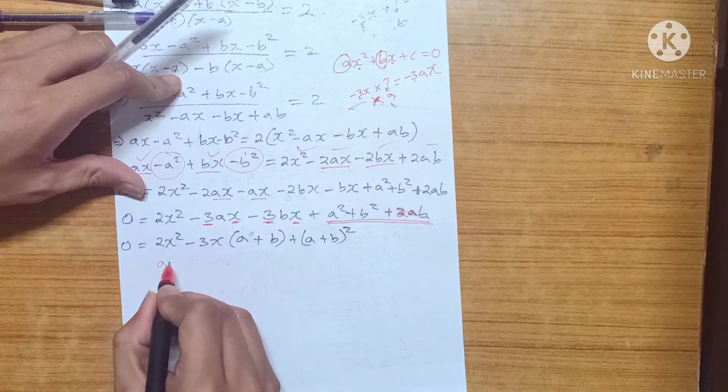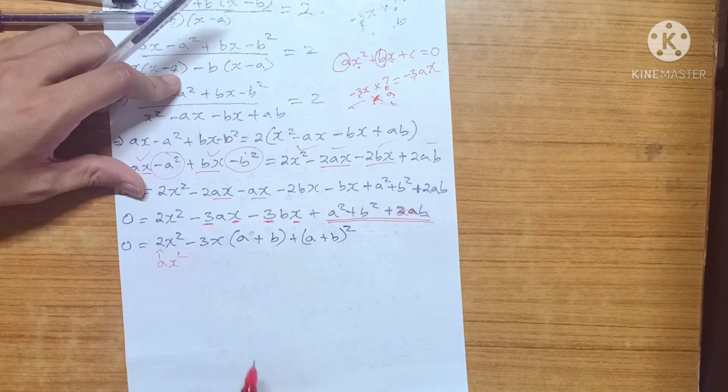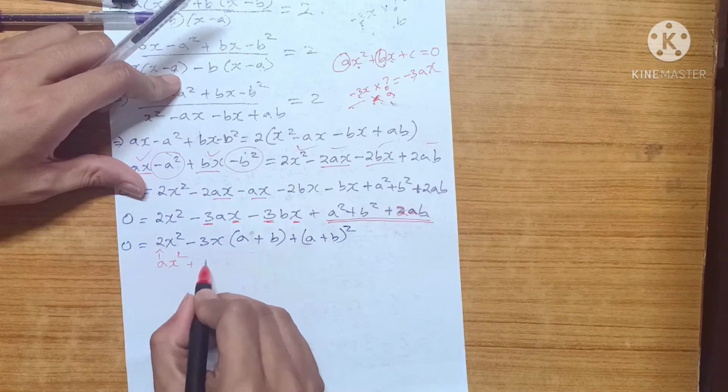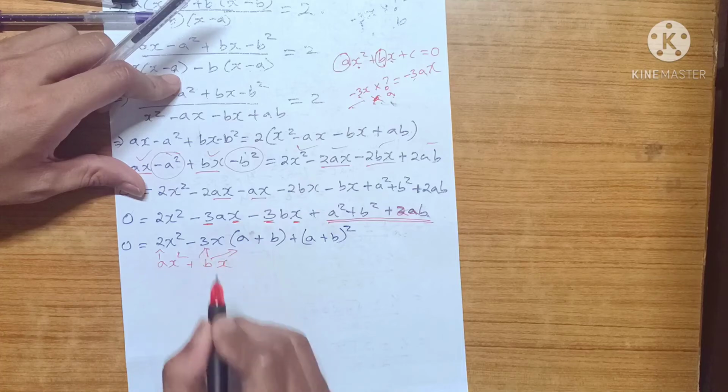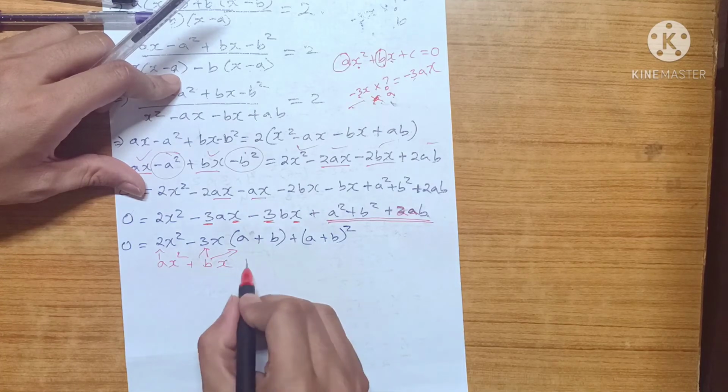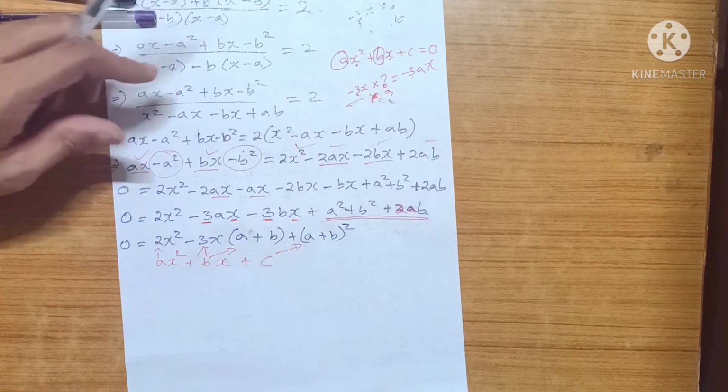Now we have ax square, where a is represented by this, plus bx, where b is represented by, since x is already here, so remaining everything will become b, okay, plus c is this.